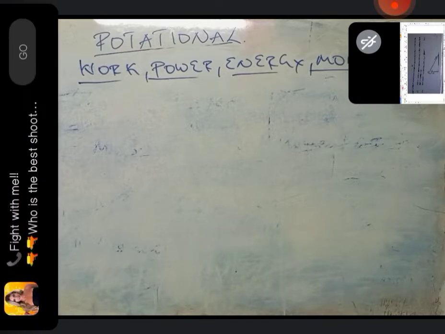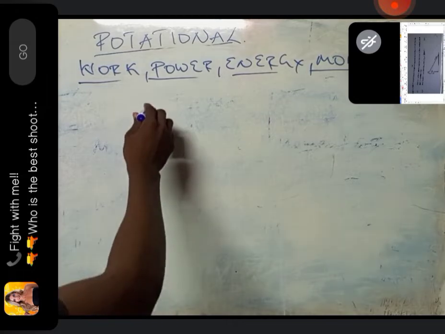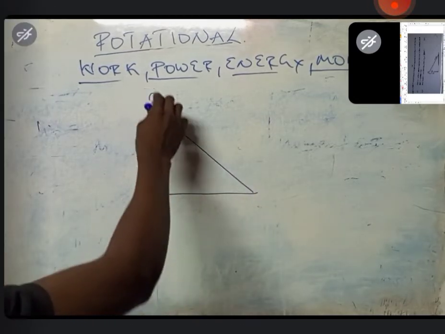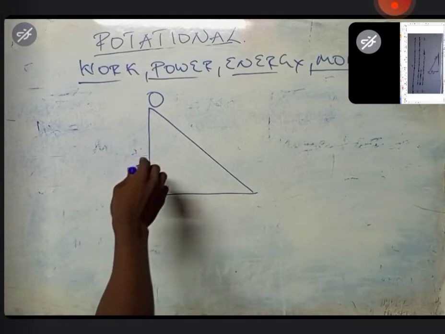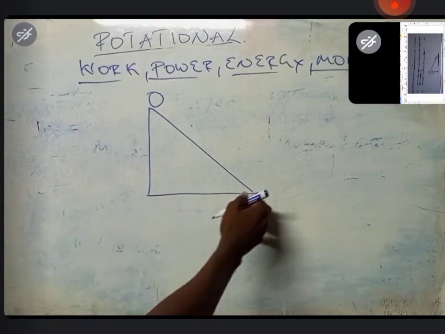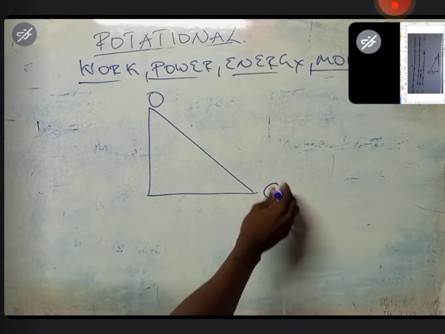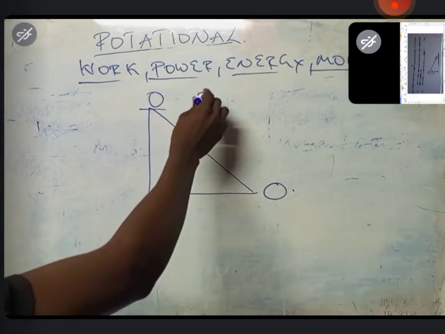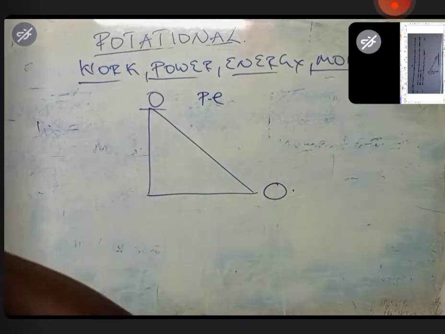So, conservation of energy under rotation. When you have something like a ball rotating, as it gets to the bottom, at that point initially before starting to move, it is possessing what energy? Potential energy, right?